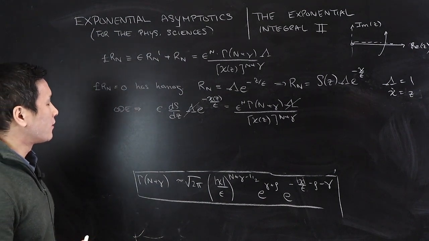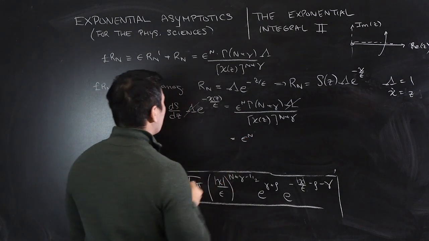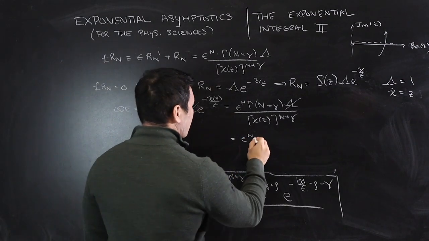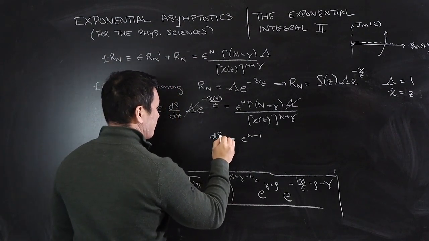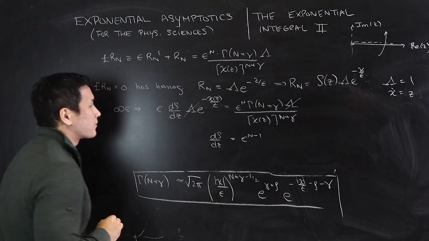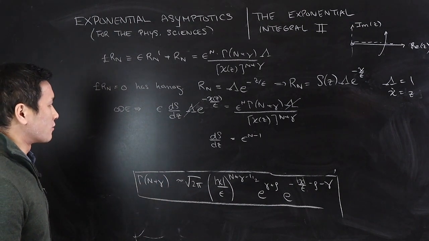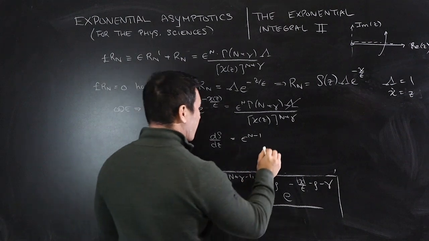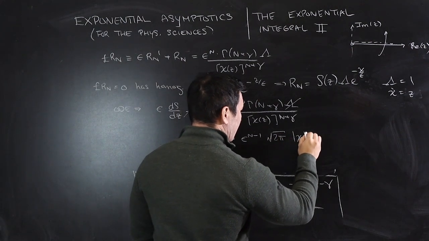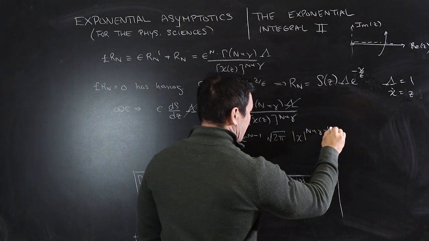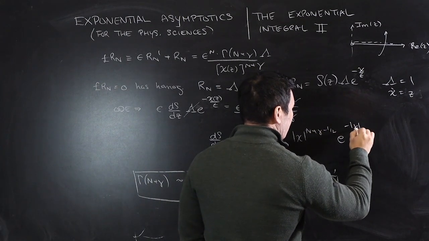Okay, so let's do that here. So I have epsilon to the n. I guess I have a minus 1 here from the left-hand side. And I have a ds dz. And then I'm just going to stuff this into the gamma function. So I'm going to have a root 2 pi mod chi to the n plus gamma minus a half, and then I have e to the minus mod chi over epsilon.